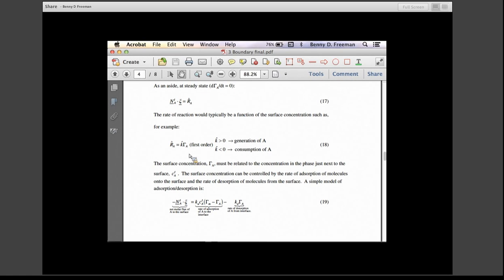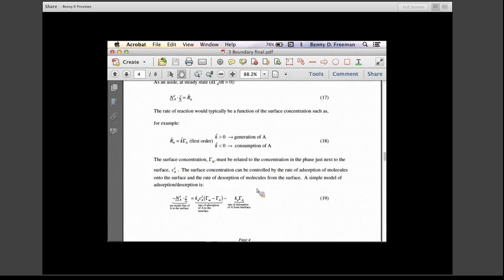So we'll write R sub A hat. The little hat denotes this is reaction rate on a surface, in terms of its rate constant, K hat, times gamma A, which is the surface concentration. And if K hat is greater than 0, you're generating A, and if it's less than 0, you're consuming it.